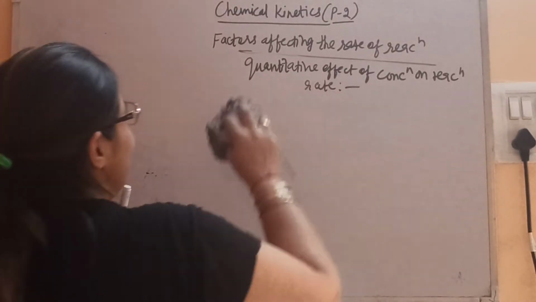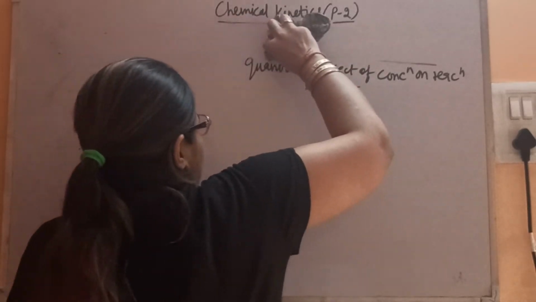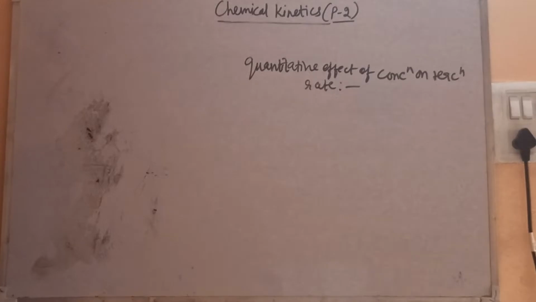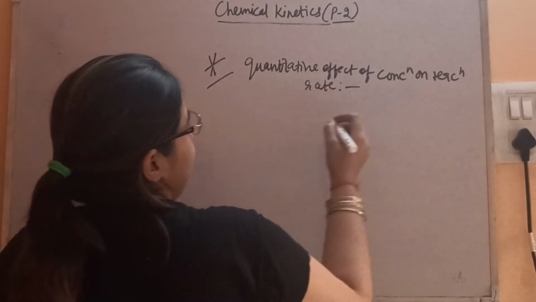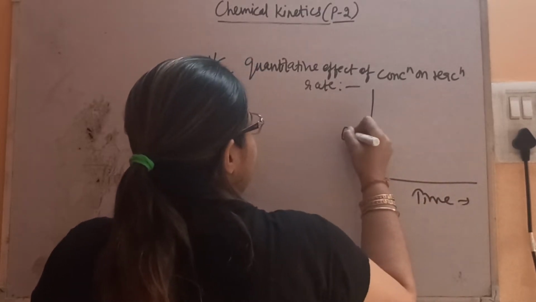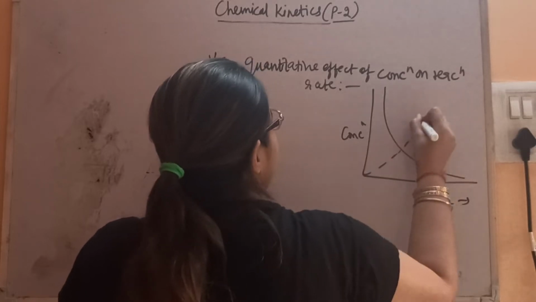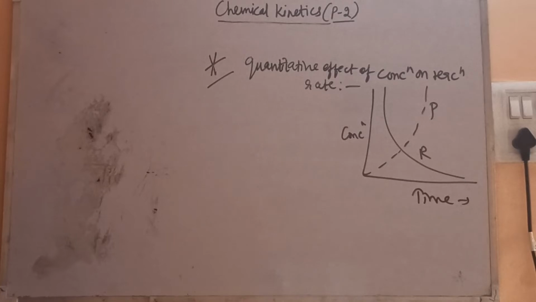Fine. As we know that when the reaction is proceeding, concentration of the reactant is decreasing and for the product it is increasing with time. Fine. So this we have seen.